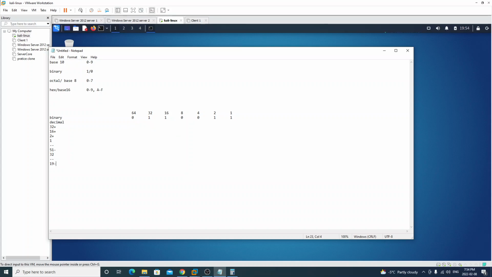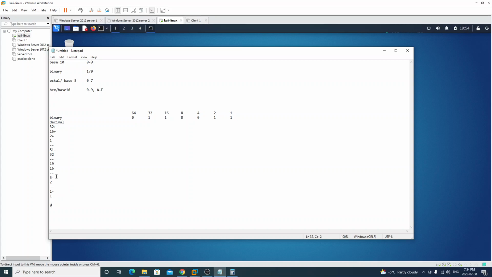Yes. So what's 19 minus 16? That's 3. And then does 3 go into 2? Yes. So that's 1. And then finally 1 goes into 1. And then we get 0.